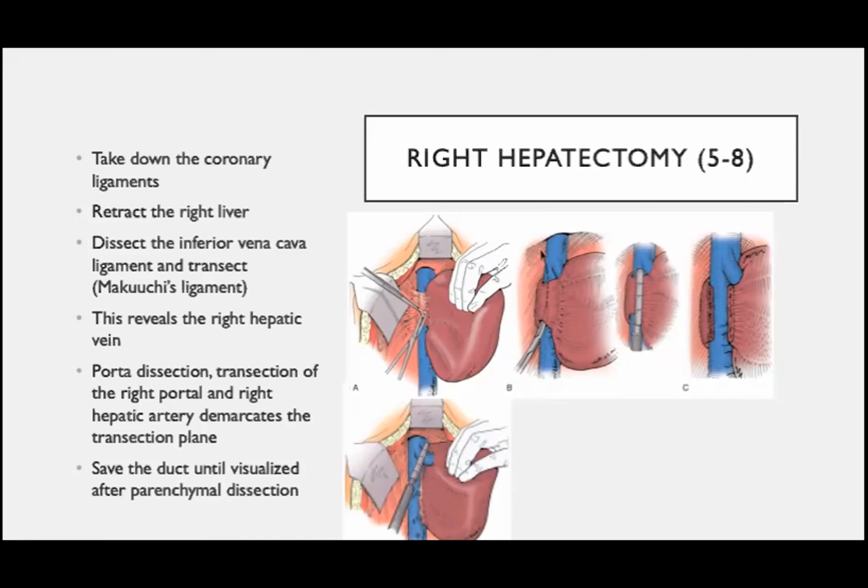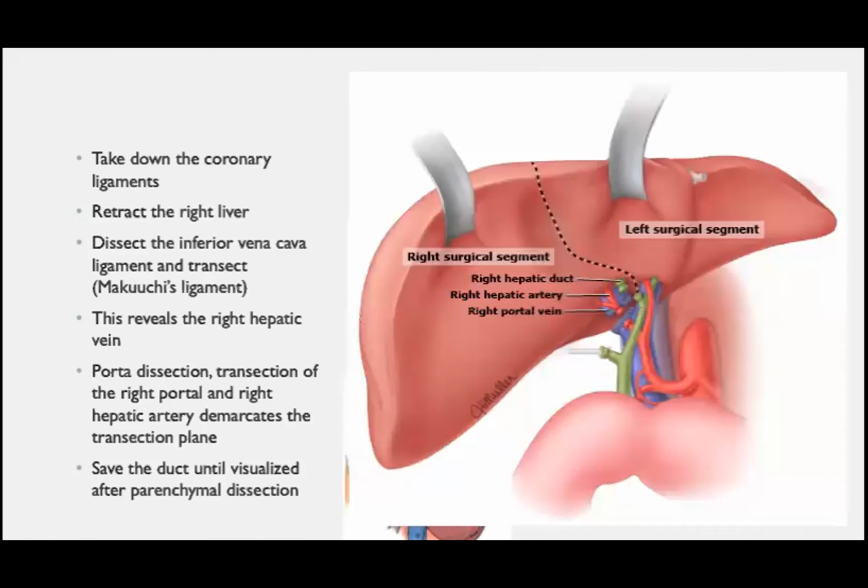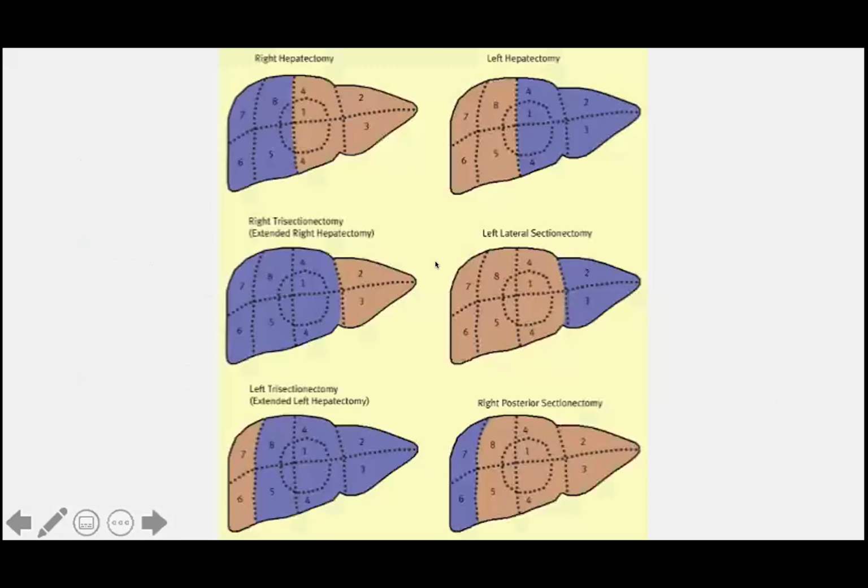And here's just another view of what these look like. Right surgical segmentectomy, and then a left surgical segmentectomy. I think this is probably the last thing we should go over. A right hepatectomy is segments 5, 8, 6, and 7. Left hepatectomy is 4, 2, and 3, also part of 1 in each of these.